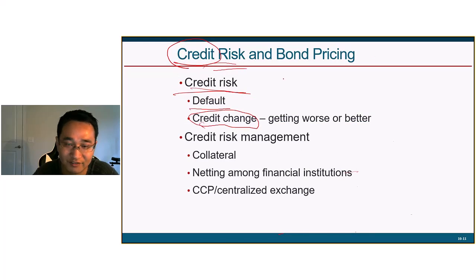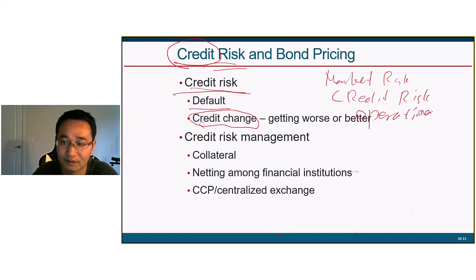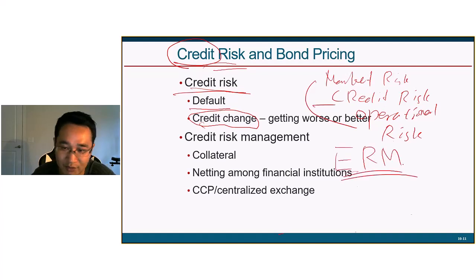face mainly several risks: market risk, credit risk, and operational risk. Banks incorporate those three into something called an enterprise risk management system. They manage them all together.